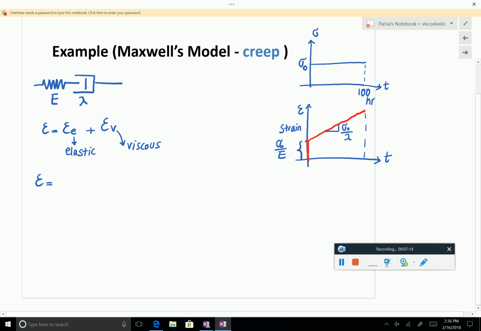The elastic strain is sigma 0 over E. And the viscous strain, since sigma 0 is constant, I'm holding this 100 Newton force, would be sigma 0 over lambda times t. You can see the figure. So if I hold it longer, it becomes larger and larger. It scales with t.